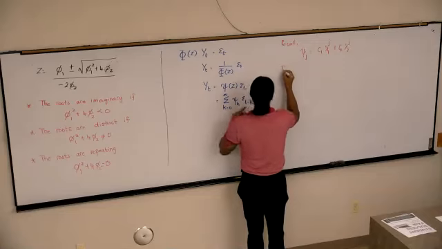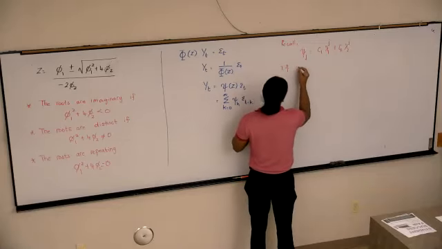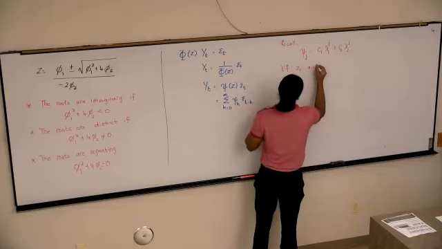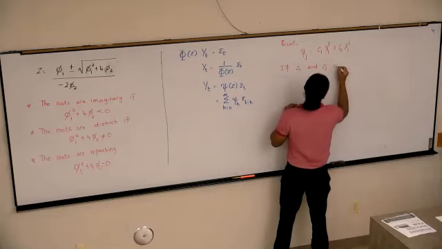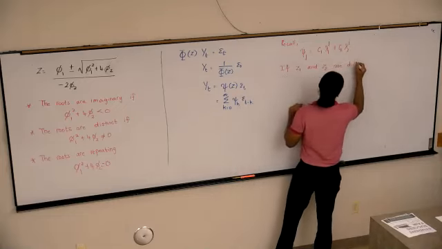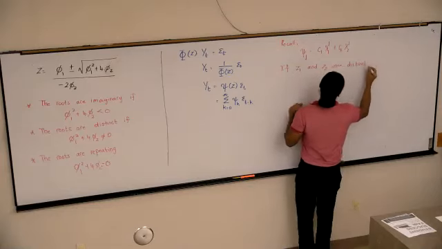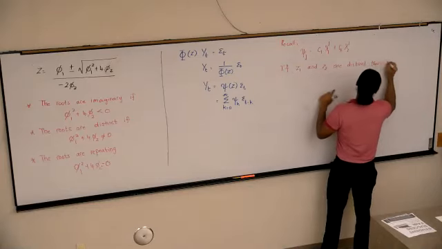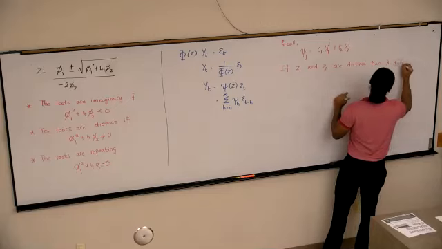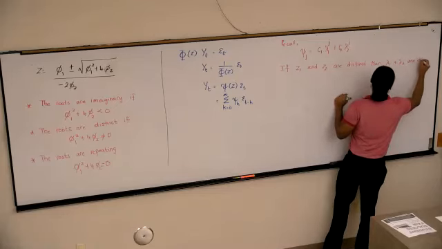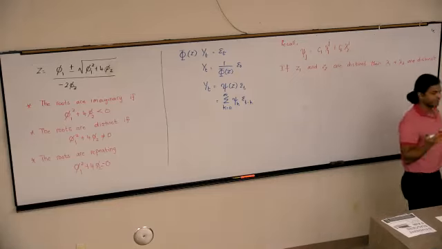So if the roots are distinct, then lambda 1 and lambda 2 are distinct. Do you agree?